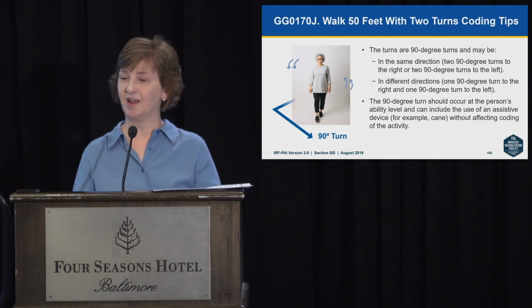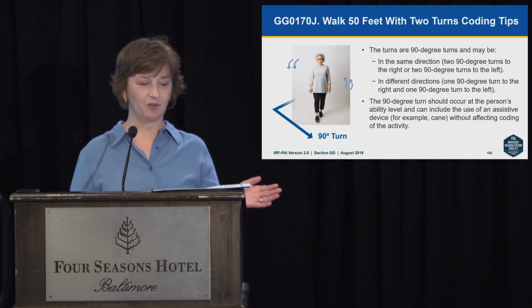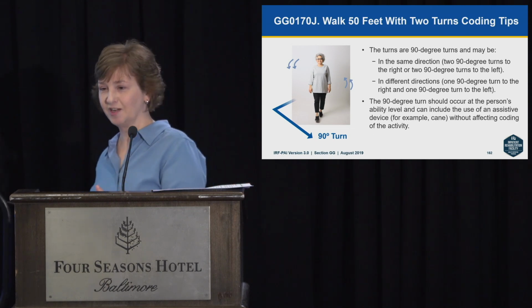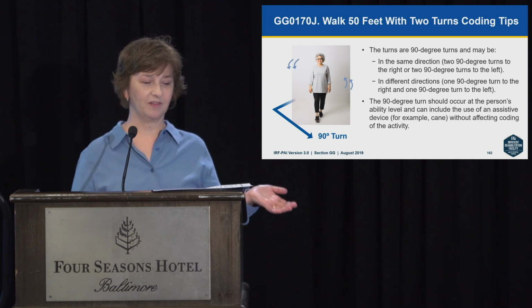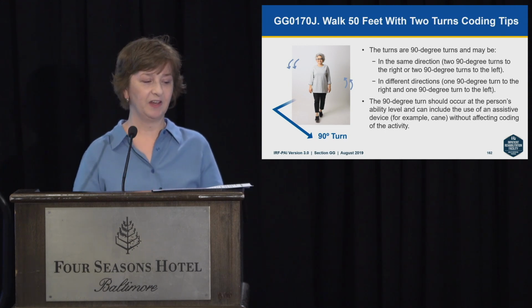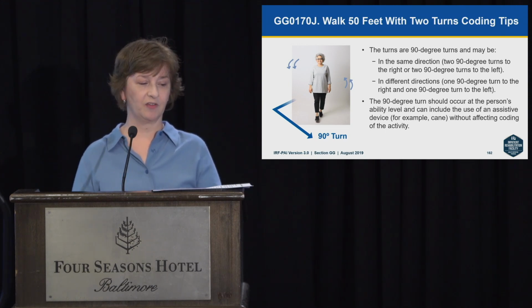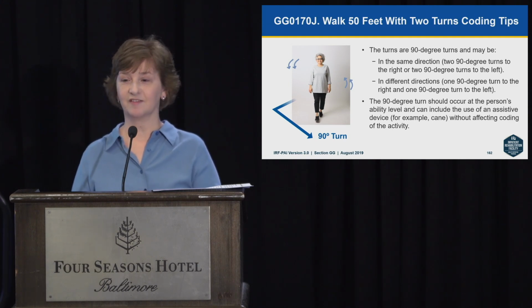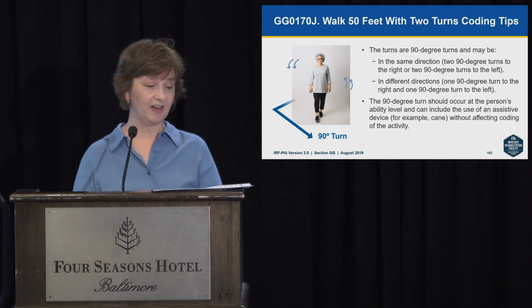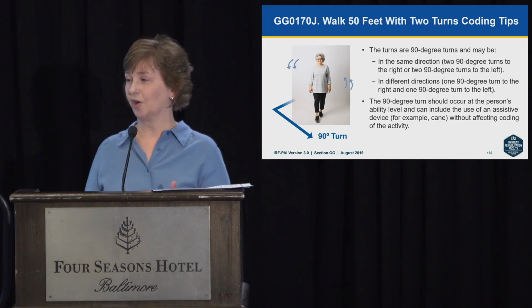The turns can occur in the same direction, so 2 left turns or 2 right turns, or it could be that the person is able to turn once to the left and once to the right. The 90-degree turn should occur at the person's ability level and can include the use of an assistive device if appropriate for that individual, so a cane or a walker, without affecting the code.